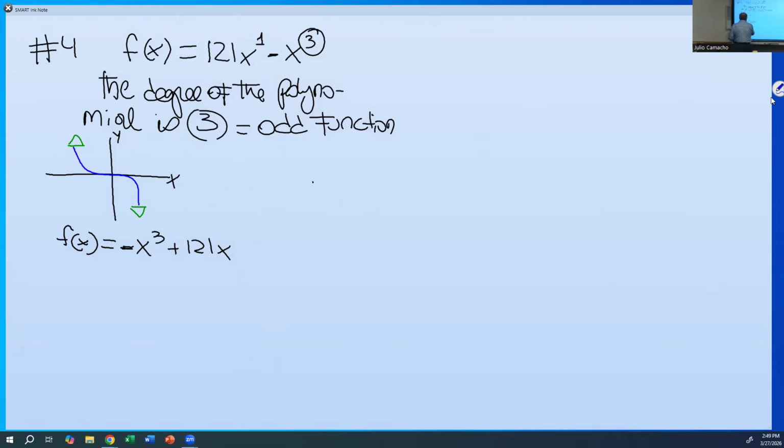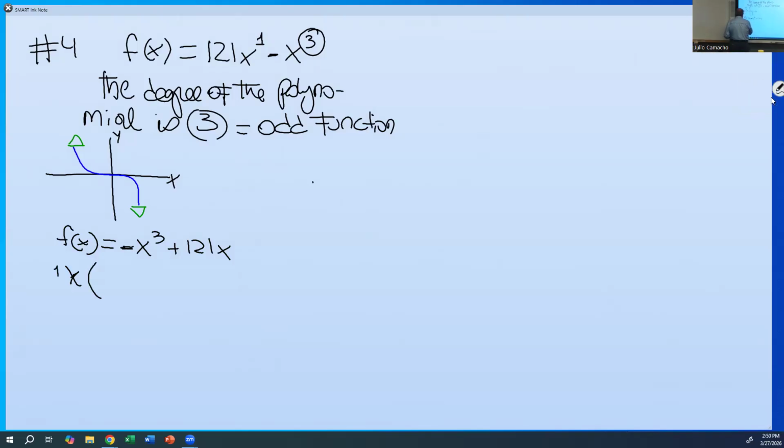And you can see that both terms have an x. So I try to factor an x from both terms. Let me change colors. I can factor an x because x can divide evenly both terms.